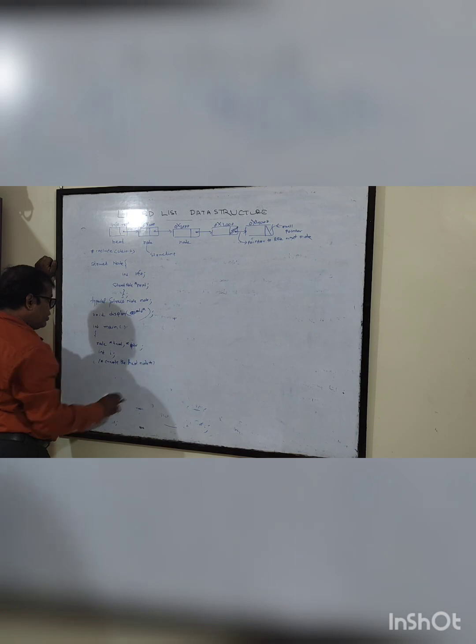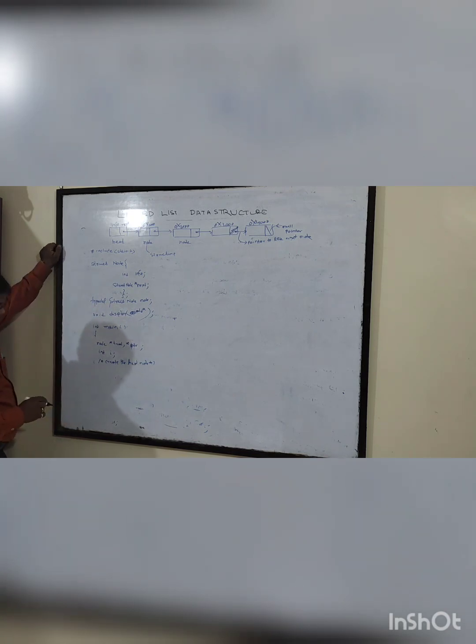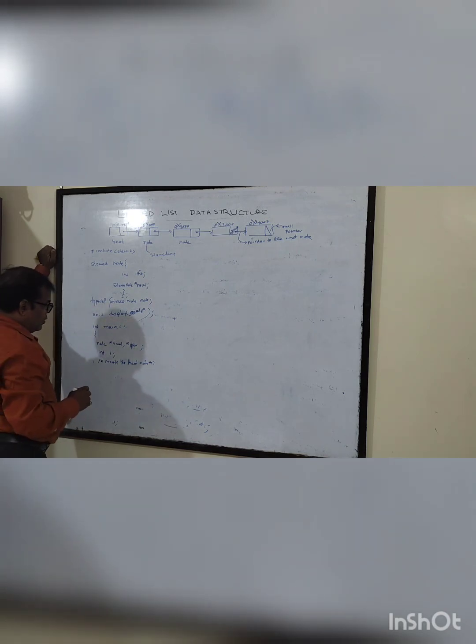If you are going to create the head node, how will this head node be created here? First of all, I will write node star head and star PTR, create the head node. And when you are creating the head node here, I will write like this.